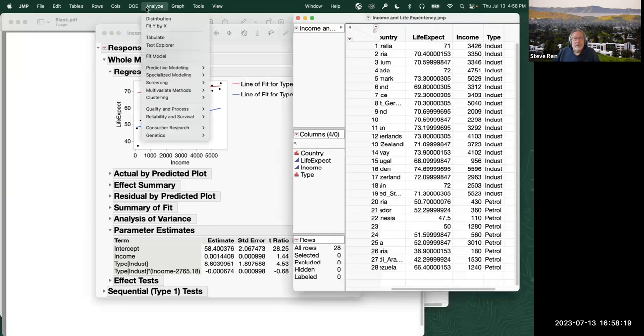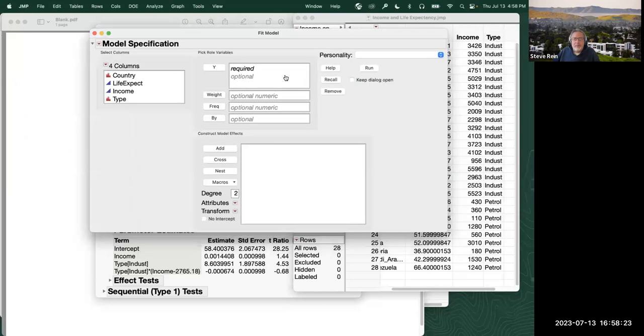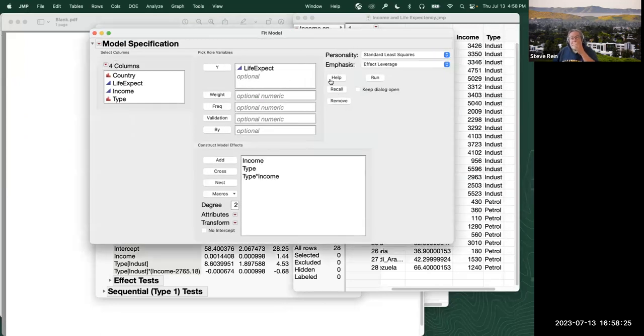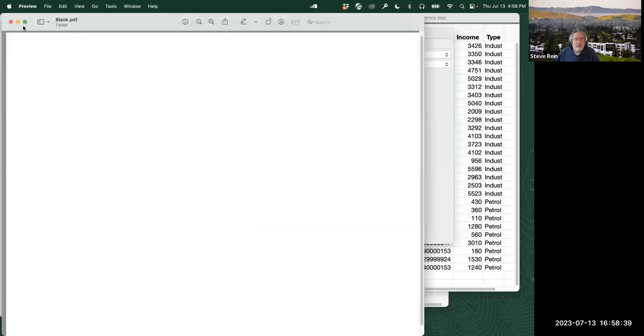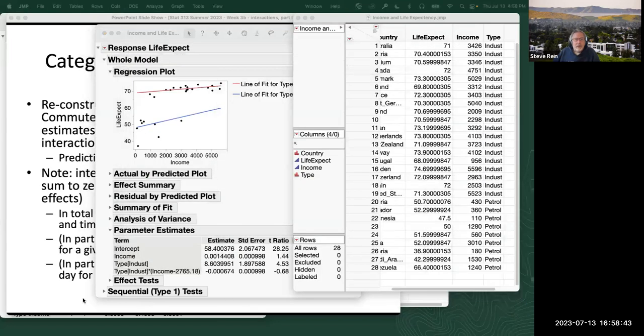If I start with a model, let's repopulate our model with the recall button. I really love that recall button. By default, the center polynomials option is selected. That means it will give you an analysis that is inconvenient compared to what you want. Your analysis will look like something minus the average. This is called centering.